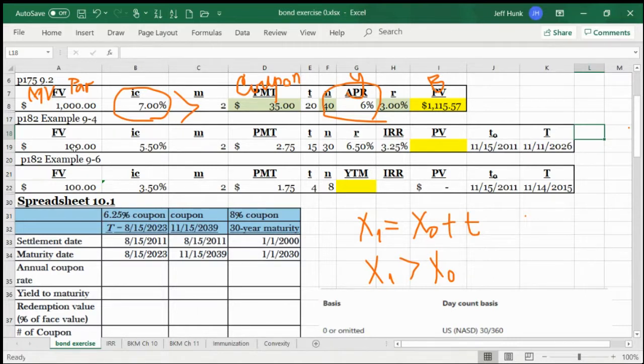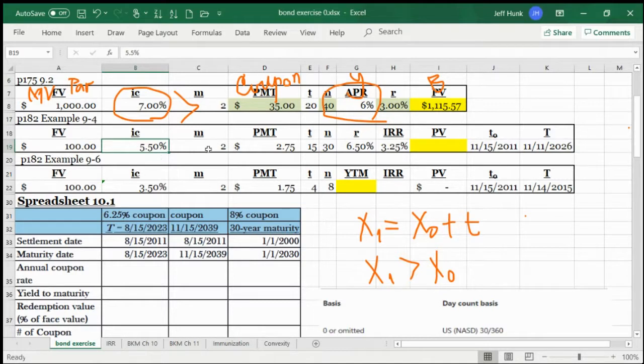So normally you would express it as 100. This is 100% of $1,000. This is not $100, it's $1,000. But for convenience I continue to use the dollar sign. But you understand it's 100% of 1,000.